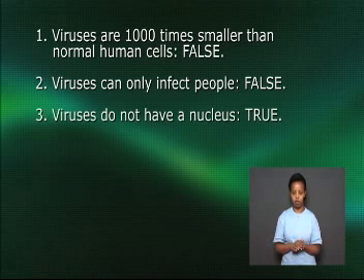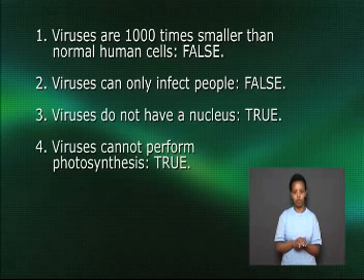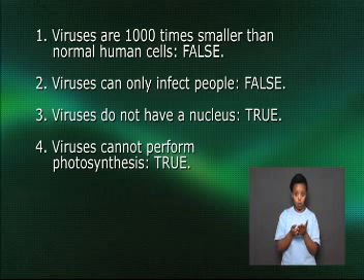The statement, "Viruses do not have a nucleus," is true. The statement, "Viruses cannot perform photosynthesis," is also true. Since viruses do not have organelles, they cannot perform metabolic processes that take place in other cells.